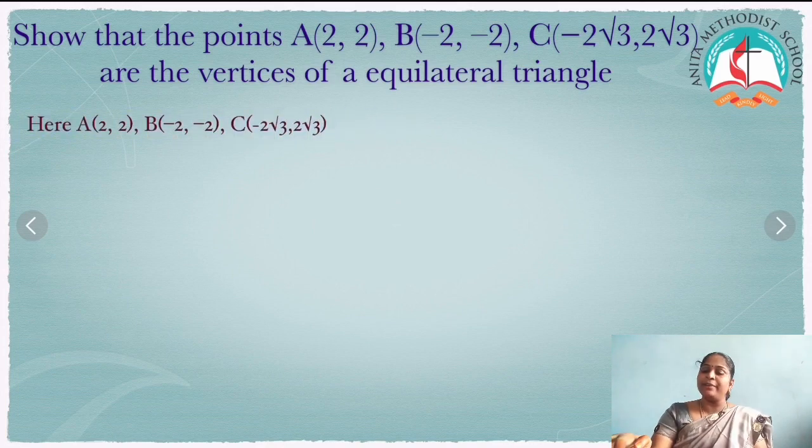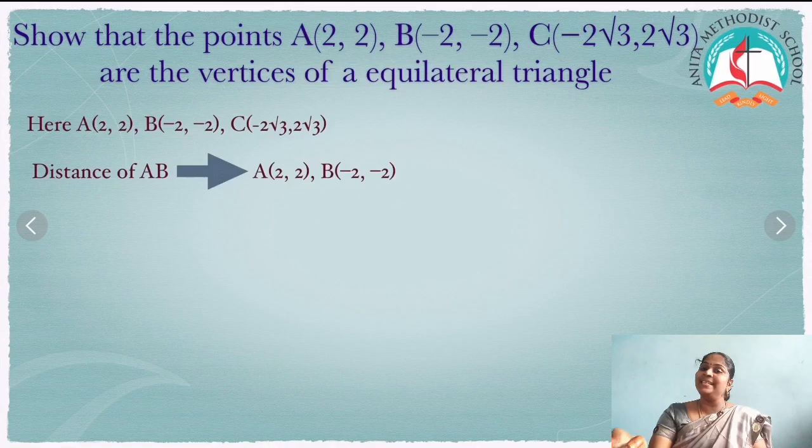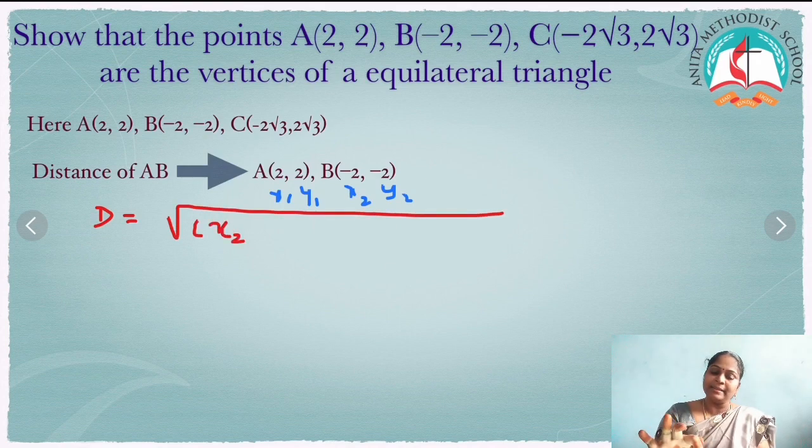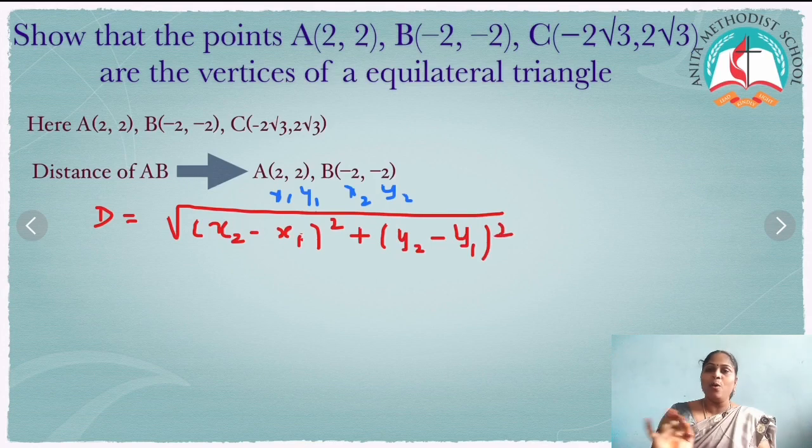So I am going to find first the distance of AB. How do you find the distance of AB? We all know to find the distance of AB using the distance formula. Here, this is x1 and y1 and this is x2 and y2. So what is the distance formula? The square root of (x2 minus x1) the whole square plus (y2 minus y1) the whole square.